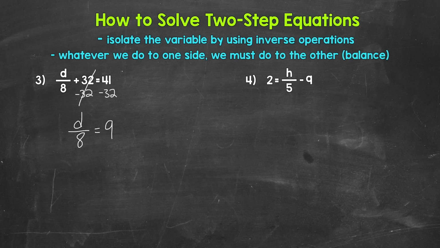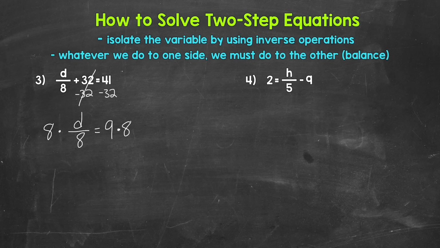So let's continue to look to isolate that variable of d. So d is being divided by 8. What's the inverse operation, the opposite of division? Well, multiplication. So let's multiply the left side by 8. Whatever we do to one side, we must do to the other. So multiply the right side by 8 as well.